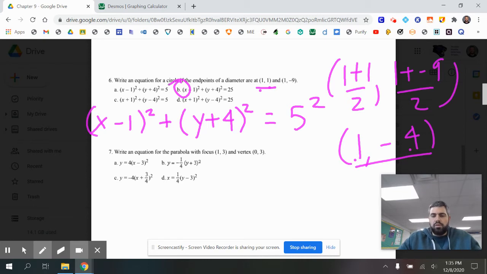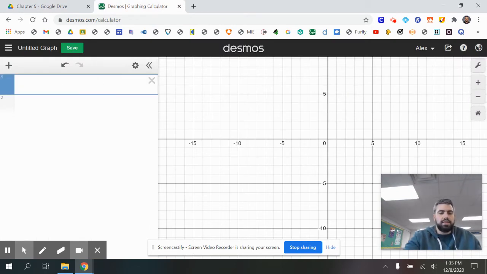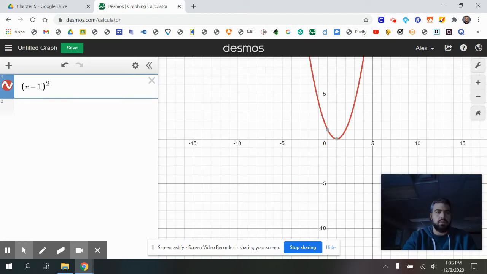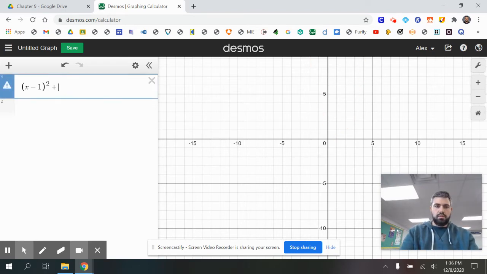Okay? So we know that one is for sure correct. Now, again, if you wanted to check your answer, you're more than welcome to graph it on Desmos. In fact, why don't we do that and just verify? So that's going to be x minus 1 squared plus y plus 4 squared equals 25.